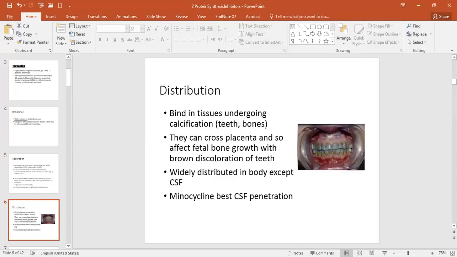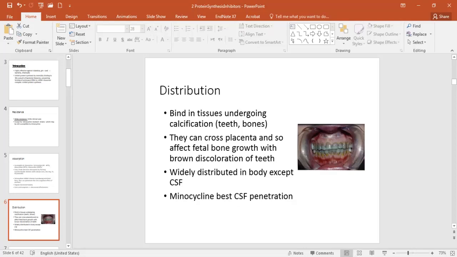Distribution, as we said before, it is chelating with many elements, so it binds in tissues that are undergoing calcification, as in teeth and bones. As you can see in this picture, it causes discoloration of teeth.